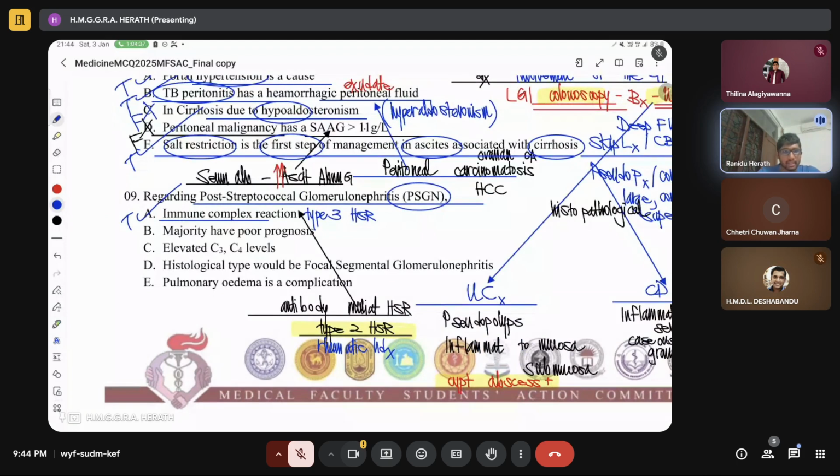So IgA nephropathy, the hypersensitivity type, I need to check. I think it's 2 and 3 combined.